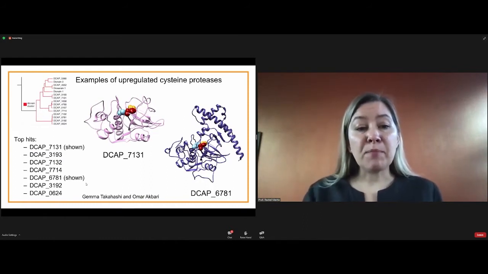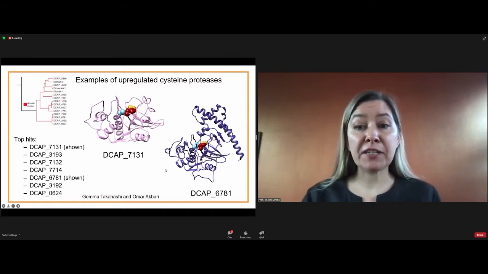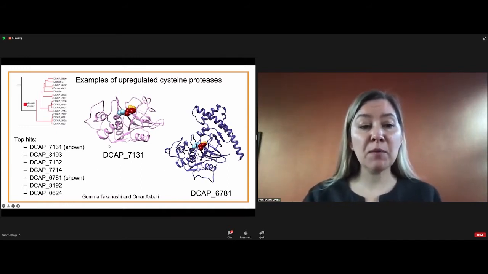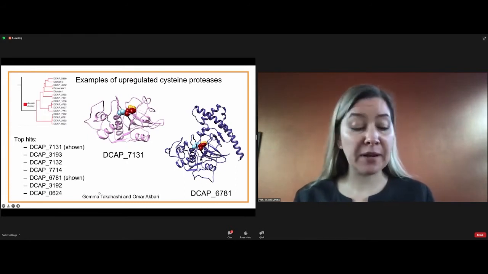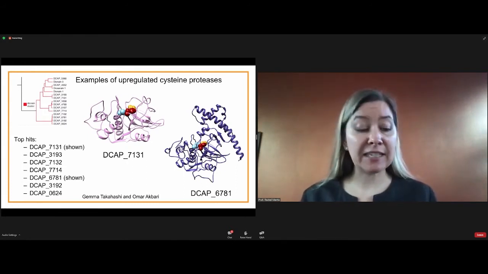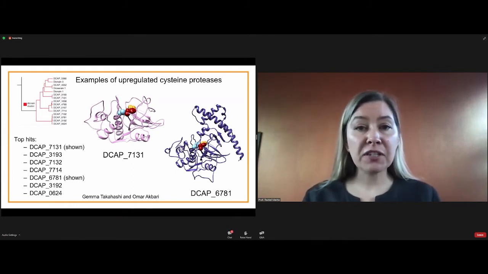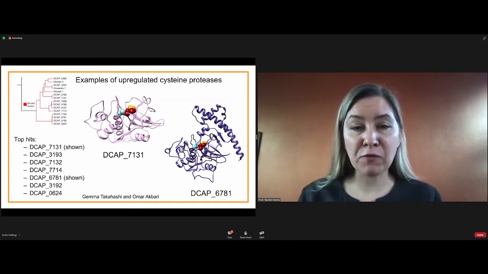So there are a bunch of them that are upregulated, and I'm showing you predicted structures of a couple of them, just for example. But one thing that is going to come up as a theme later is this plant has a ton of cysteine proteases. And when I first started looking at this, I was so excited. Our plant has 44 cysteine proteases.